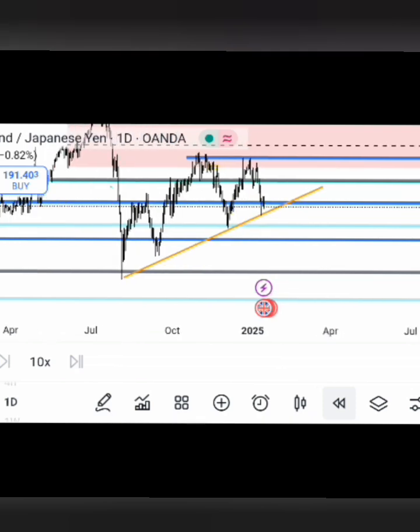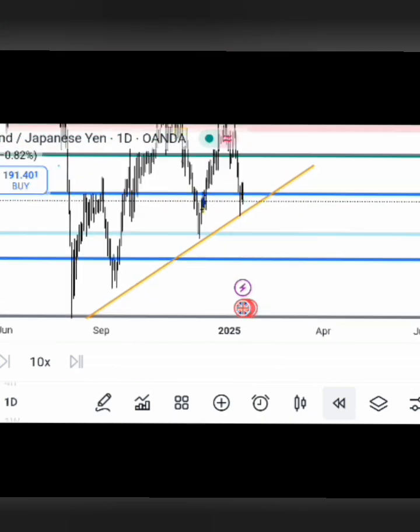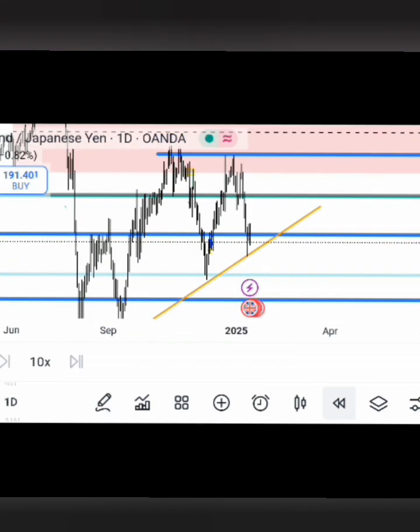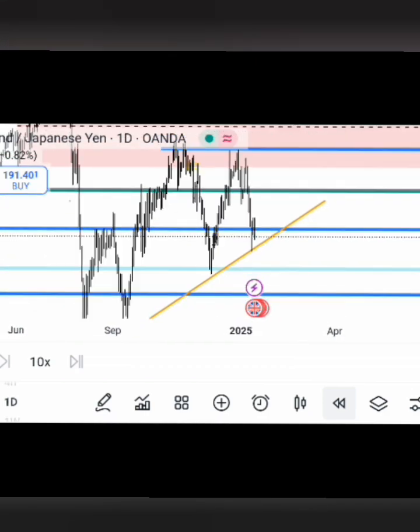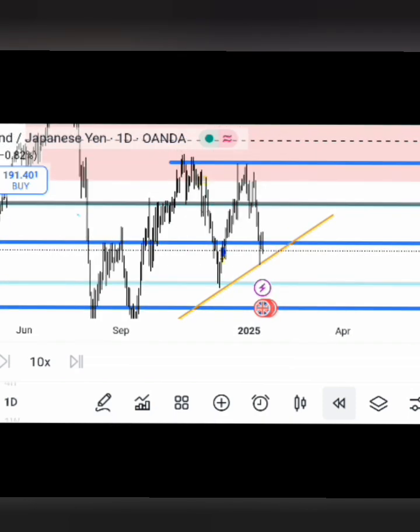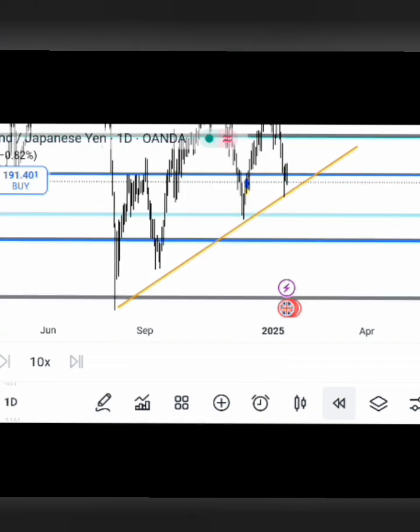We saw that from this point, the market is doing something. Each time the market touches the line, the third time it touches, what do we expect? It should go up, according to the law of trend line, isn't it?